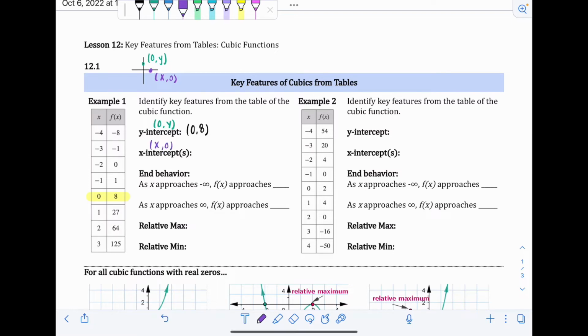To find any x-intercepts, you would look for what point on the table has an f of x, or y-coordinate, of 0. So wherever we have a 0 on the right side of the table. There could be more than one x-intercept. There's only ever going to be one y-intercept. So once you find one for the y-intercept, you're good. But for x-intercepts, you always want to check for multiple. So we just have one on this table. It's at -2, 0.